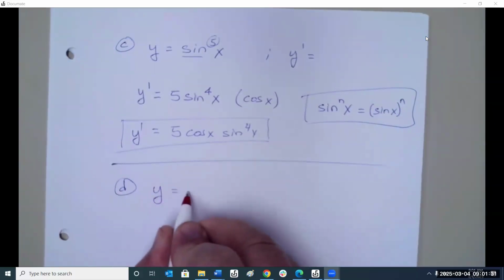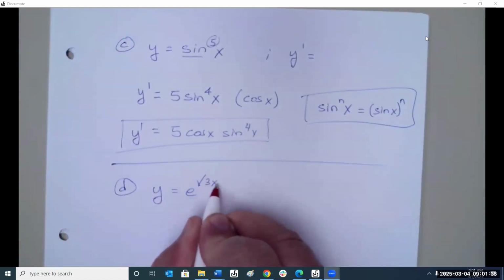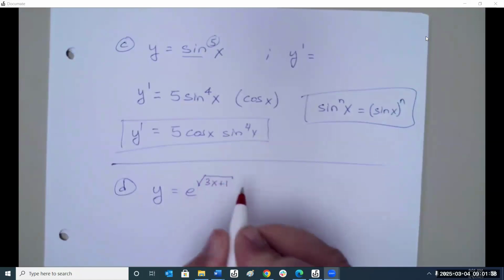Y is equal to e to the square root of 3x plus 1.